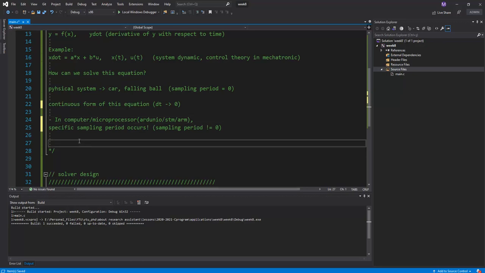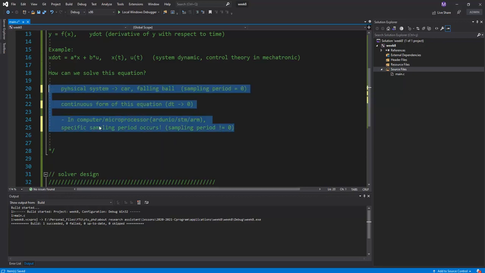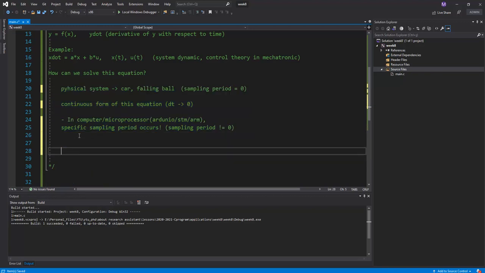And so if we have this kind of information in here, then we should utilize the discrete theory in here, okay?